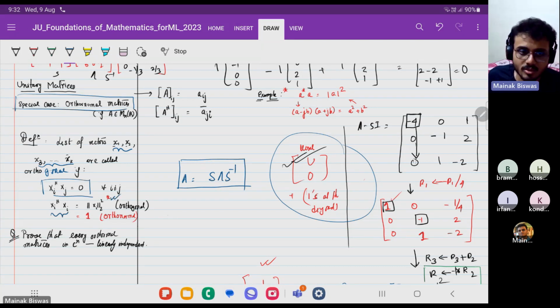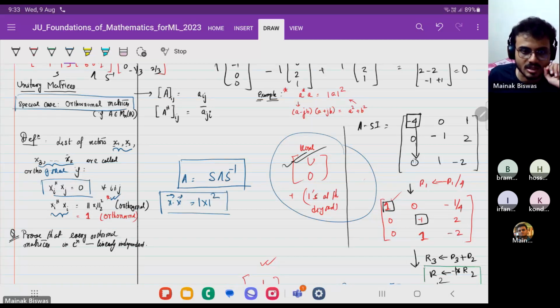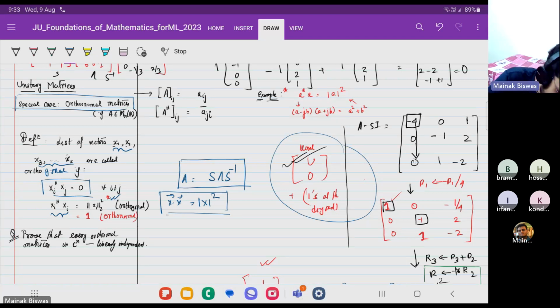We'll see what a norm is, but it's a Euclidean distance, right? You recall x dot x in your school days was the magnitude of the vector squared. So just consider that this is the distance. Dot product is nothing but x1 square plus x2 square and so on. This is the distance. Good.